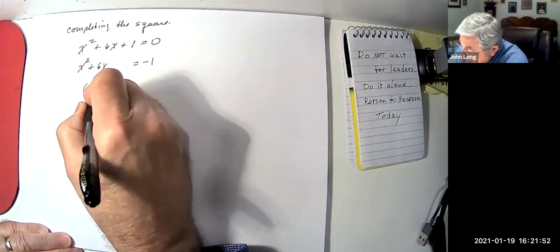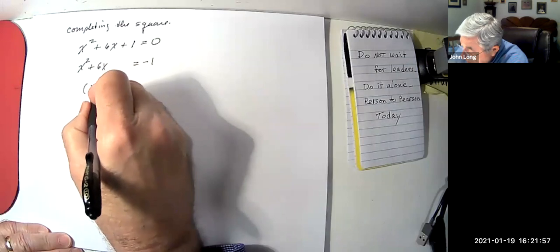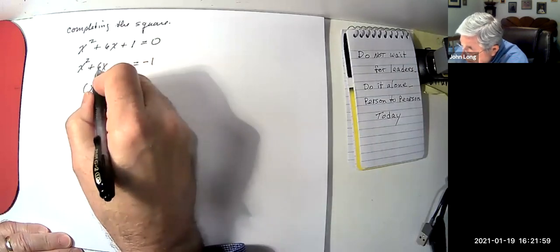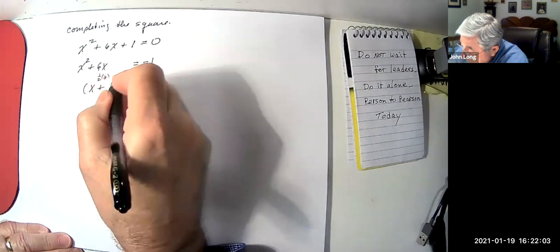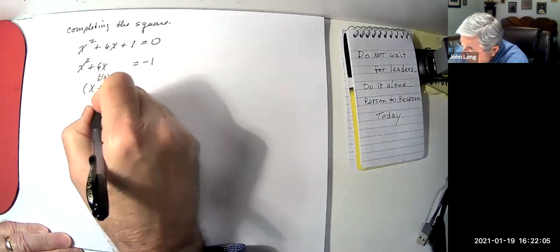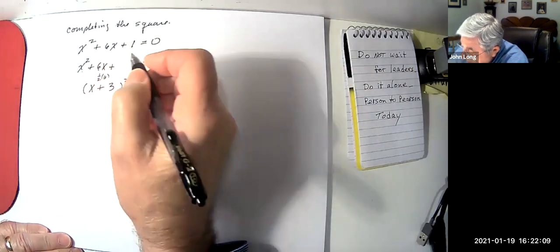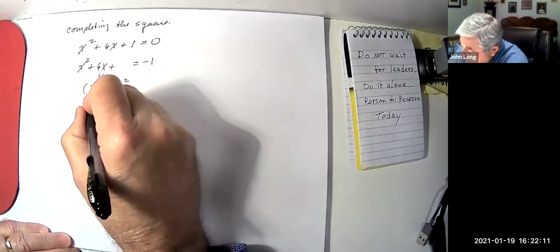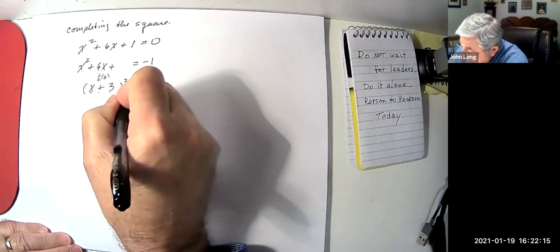And then you want to complete the square on this to make it a perfect square trinomial, meaning it's going to be x plus something, squared. You take half of the 6, and that is 3. I'm going to change this x squared plus 6x by adding something on here. You're going to make it the square, x plus 3 quantity squared.